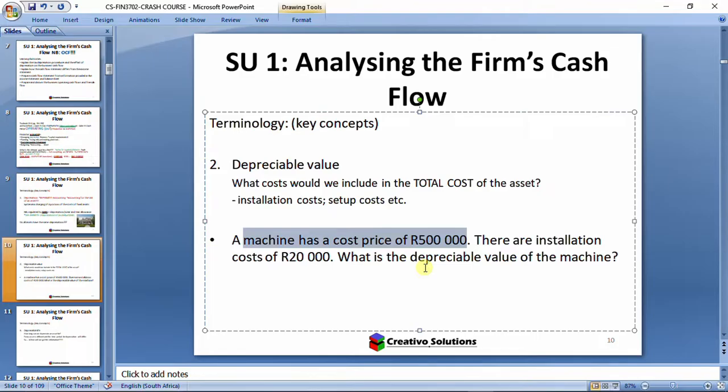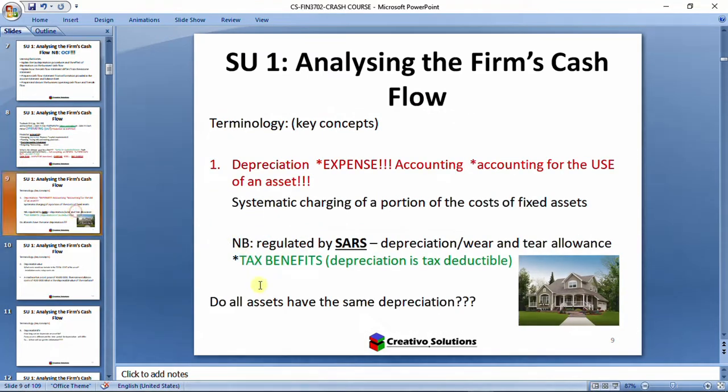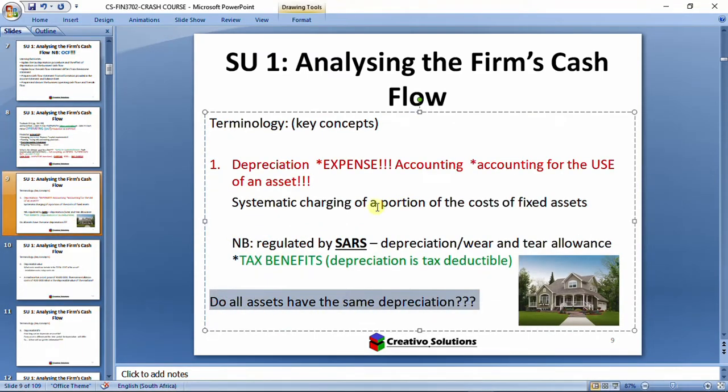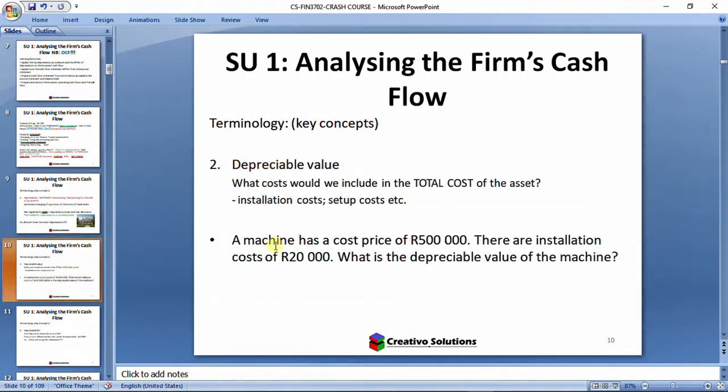A building would be depreciated at a much lower rate, maybe like 5% a year, versus a machine which might be 10 or 20 or 30% per year, depending on its use. So there's a lot of factors to consider here: the use of the asset, the age of the asset, the type of asset, maybe even the timeline. How long does the asset last for? So you're right, you can consider those things as well.